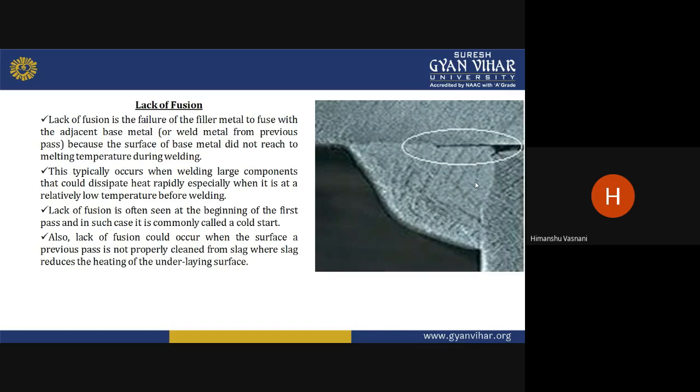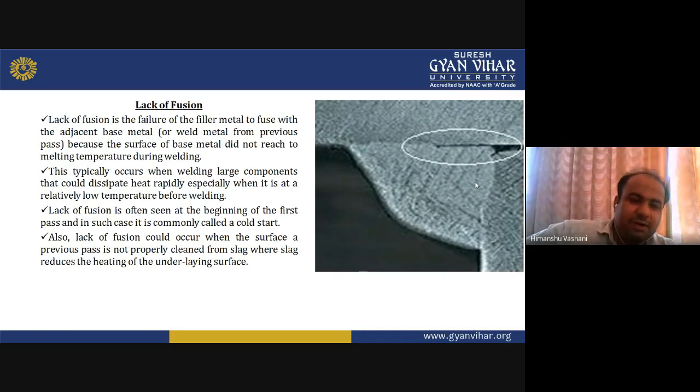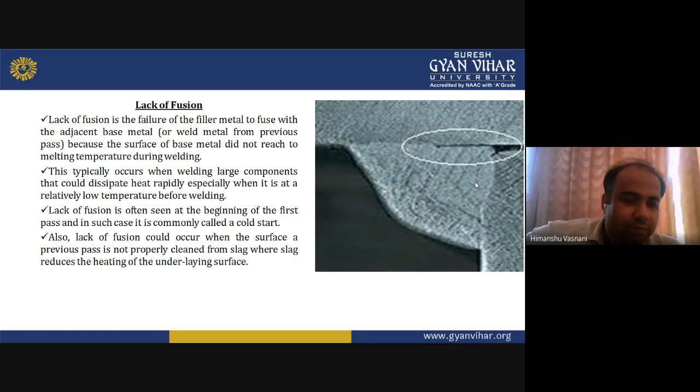This typically occurs with large components that dissipate heat, especially when they are at relatively low temperature before welding. In large components this kind of fusion is less strong, whereas in materials at higher temperature, lack of fusion cases are less likely.